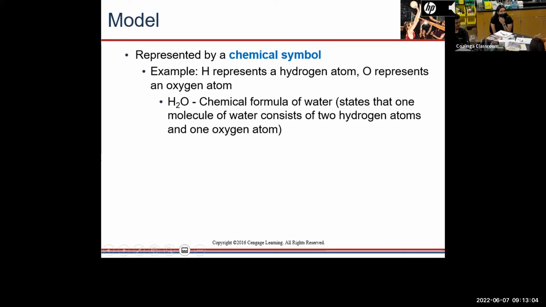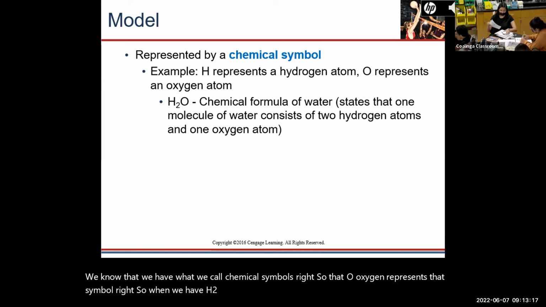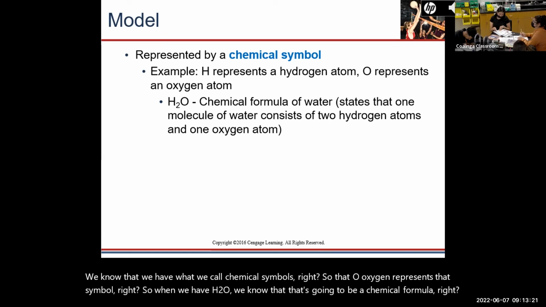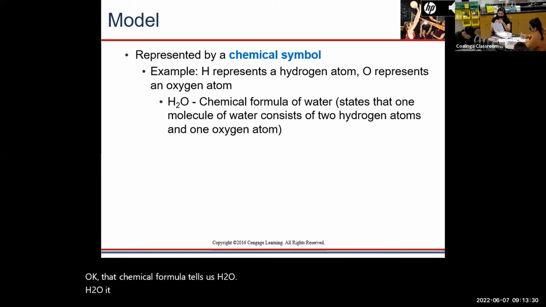Okay, so we know that we have what we call chemical symbols, right? So that O, oxygen, represents that symbol. So when we have H2O, we know that that's going to be a chemical formula, right? That chemical formula tells us H2O. It says that I have 2 hydrogens, and we understand that there's going to be 1 oxygen.